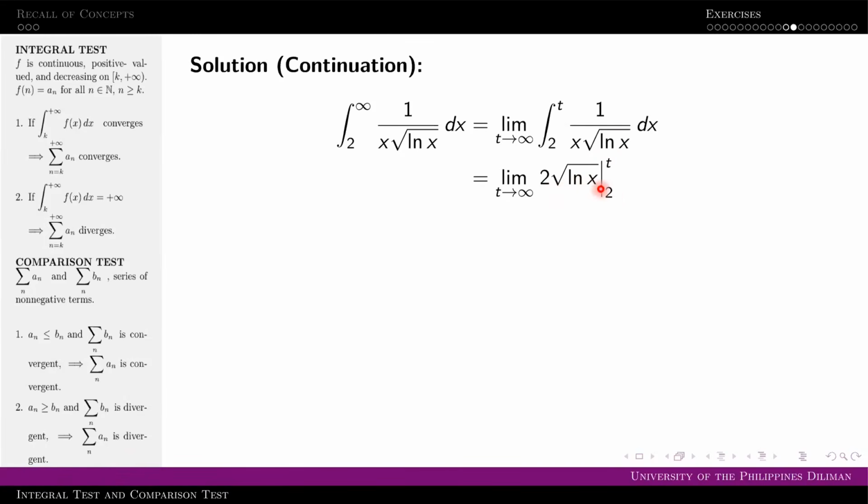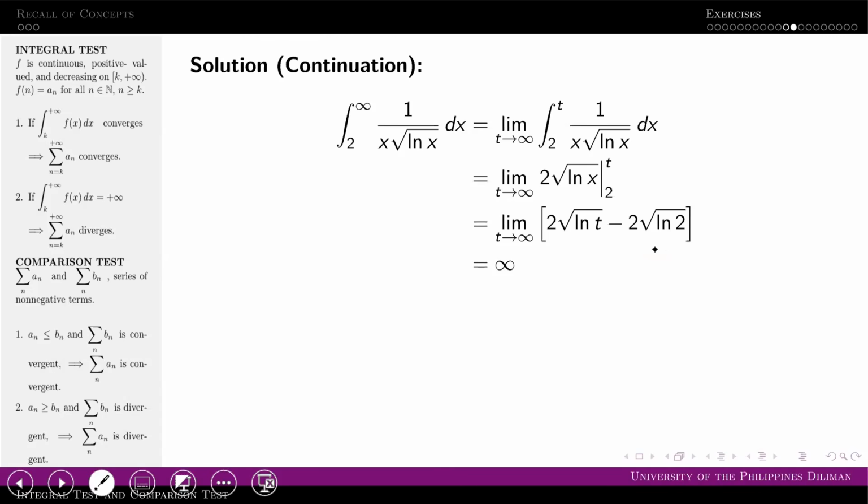If we evaluate that from 2 to t, we will get 2 square root of ln t minus 2 square root ni ln 2. So if we approach t towards infinity, si ln t pupunta din ng infinity. So our entire first term pupunta sa infinity. And this is just a constant. So finally, yung improper integral natin would just be infinity.